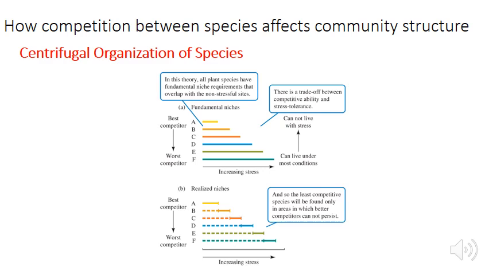And that's depicted really well in this figure, which shows comparisons of fundamental and realized niches in many of these species. So in the top competitor, Typha in this case, the fundamental niche is actually pretty narrow, but these plants are very competitive in these areas, and so they tend to be abundant there.